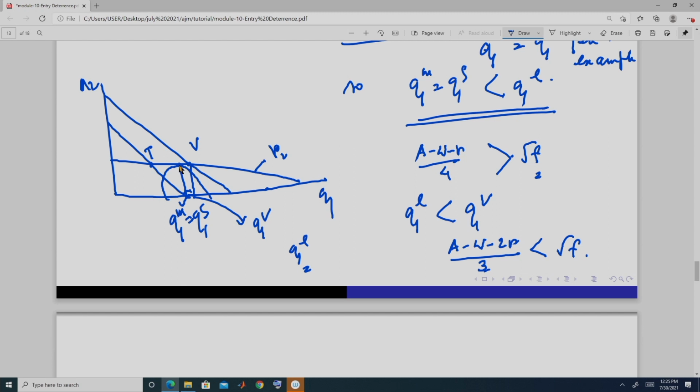Now, if it produces the Stackelberg thing, then it is going to be like this, right, and it will accommodate the entry, right. Now, if it keeps the capacity as this, then it is going to deter.